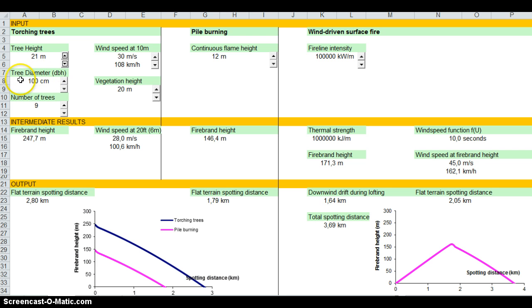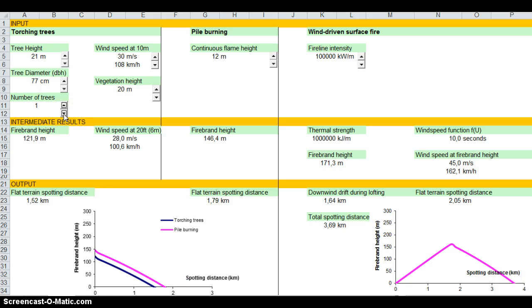Also, you can have a difference caused by tree diameter. If we have a lower tree diameter, of course the heat generated will be less, and the firebrand height will be less also. And also you can have a different number of trees. If you increase the number of trees, the spotting distance will increase.